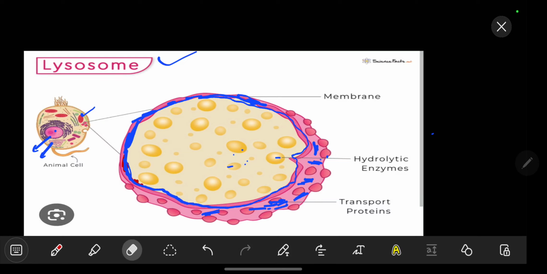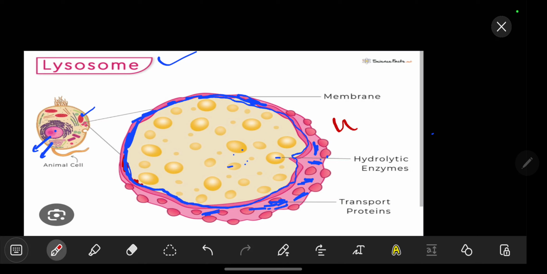Lysosomes, on the other hand, are found in the animal cell. When you just hear the word lysosome, just think of destruction. These are responsible for the destruction of, number one, worn out organelles.